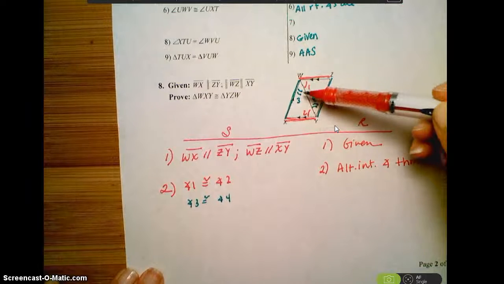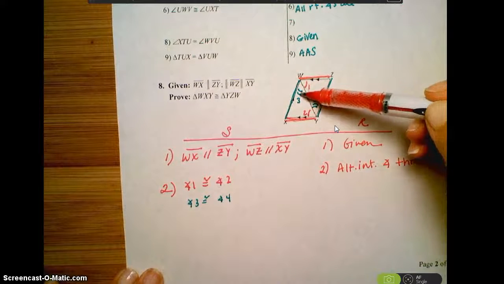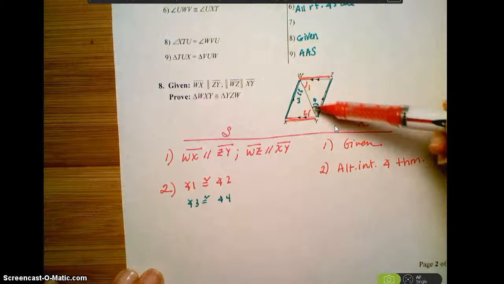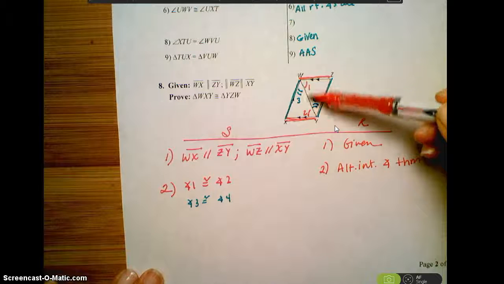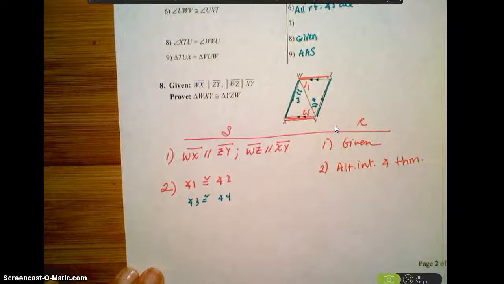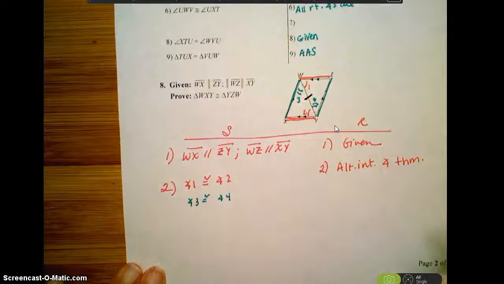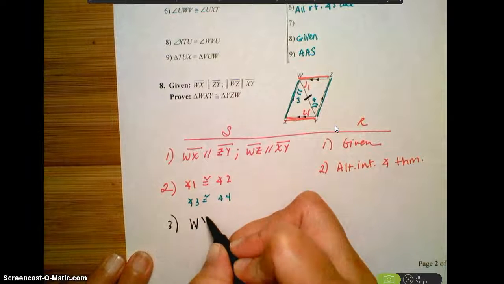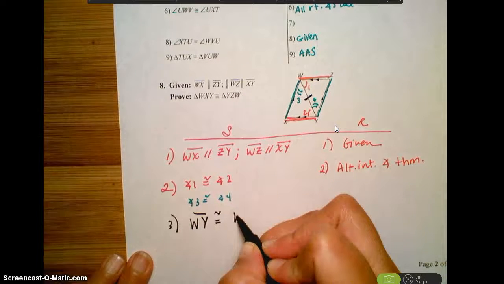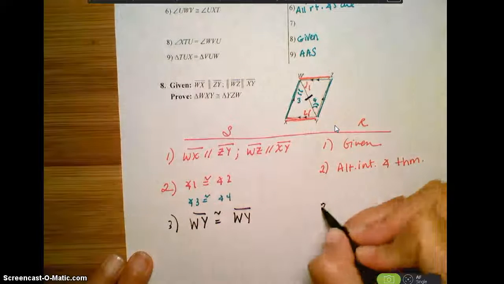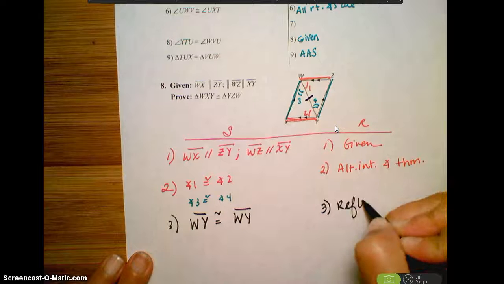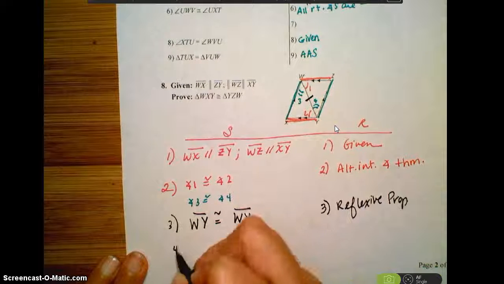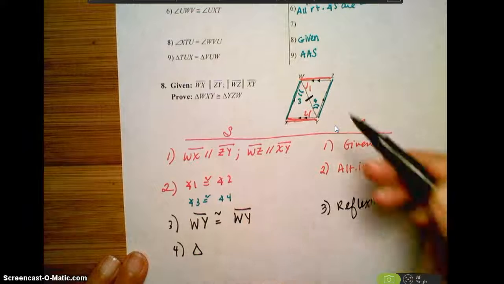If you check out your markings, you now have a pair of angles congruent from each of the triangles, a second pair of angles, and then let's put in our reflexive side. Segment WY is congruent to segment WY, and your reason is reflexive property. You now have enough to say that the two triangles are congruent to each other.